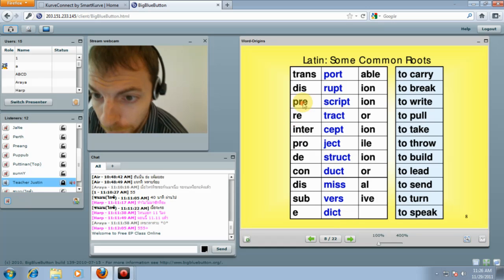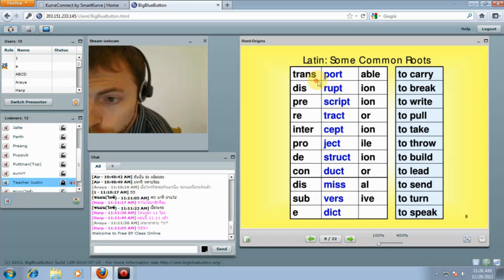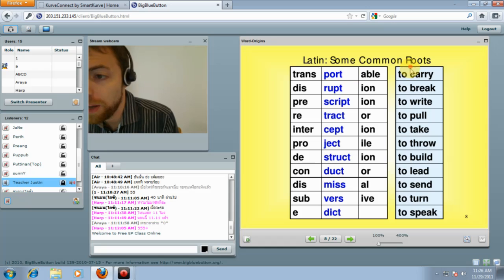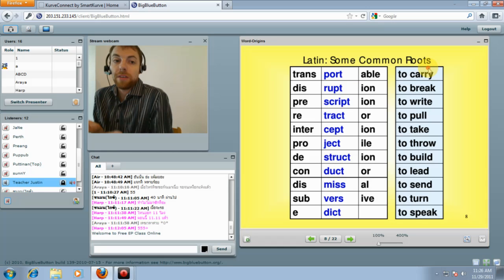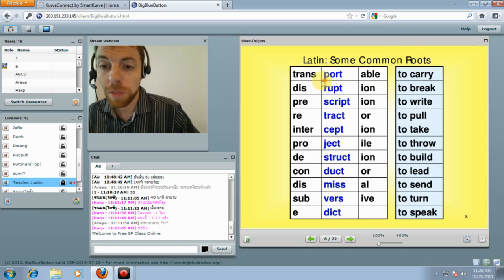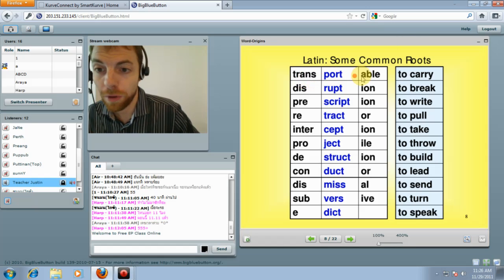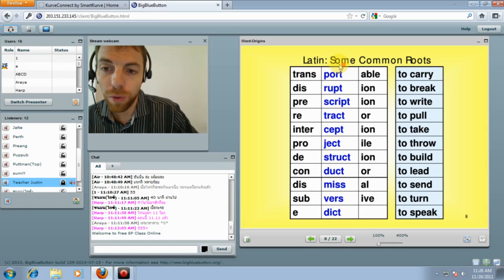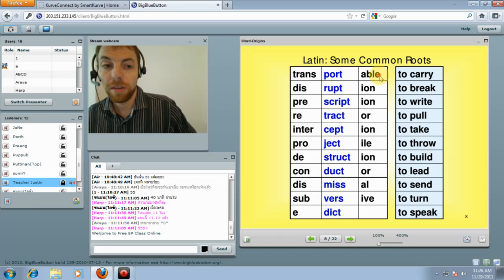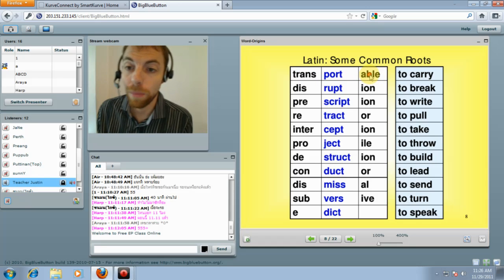So for example, in the word transportable, port is the Latin word meaning carry, like carrying something around. So if you don't know this word, transportable, you see it for the first time, but you notice, oh wait, port. I think I know what port is. So port is Latin to carry, and now something that is transportable means you can carry or move it easily.